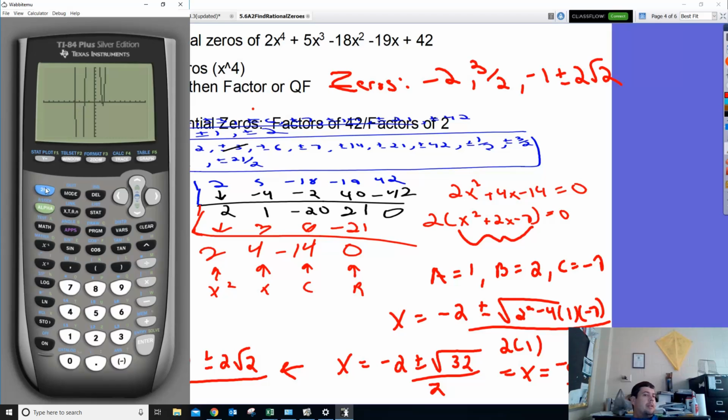You can pull out the easy ones by looking at the table. You'll see table over there in blue. If you hit second graph, it'll pull up the table. If you scroll to where x is -2, what does it say the y value is? 0. Your table doesn't do fractions, so you're not going to see that other one of 3/2.